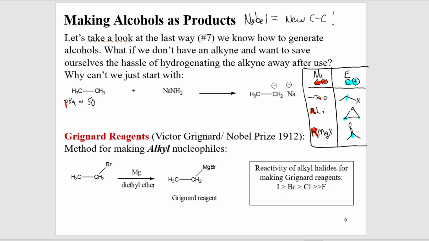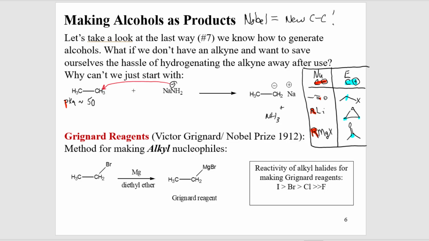So trying to take something like sodium amide, right, and having it deprotonate is virtually impossible. And you can figure that out because if it were to happen, this minus would grab the hydrogen, right? Then you would actually make NH3.